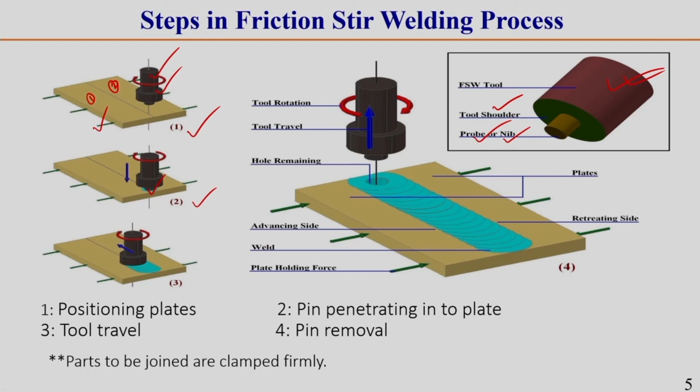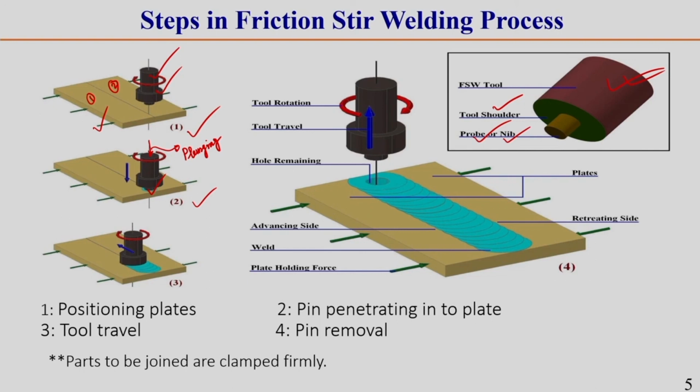Once the tool pin or tool nib tip touches the workpiece, at that time there is a vertical force, which is generally called a plunging force, because we are interested in plunging the pin through the workpiece thickness direction.